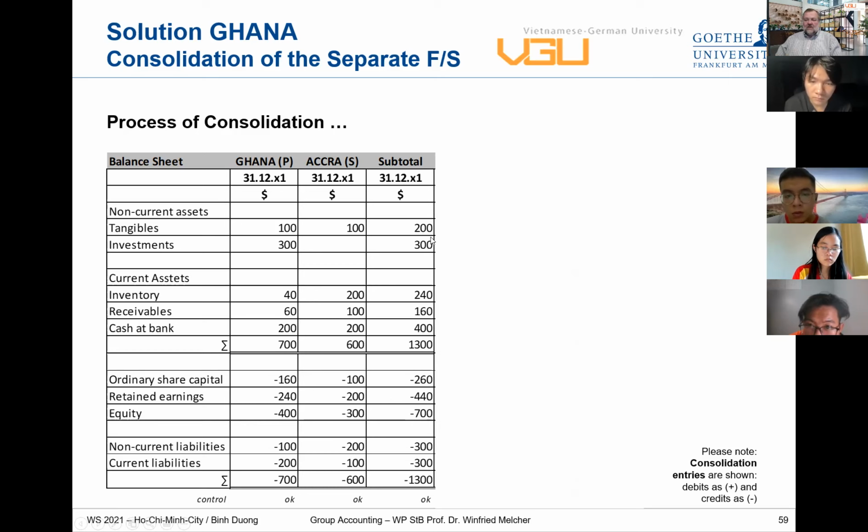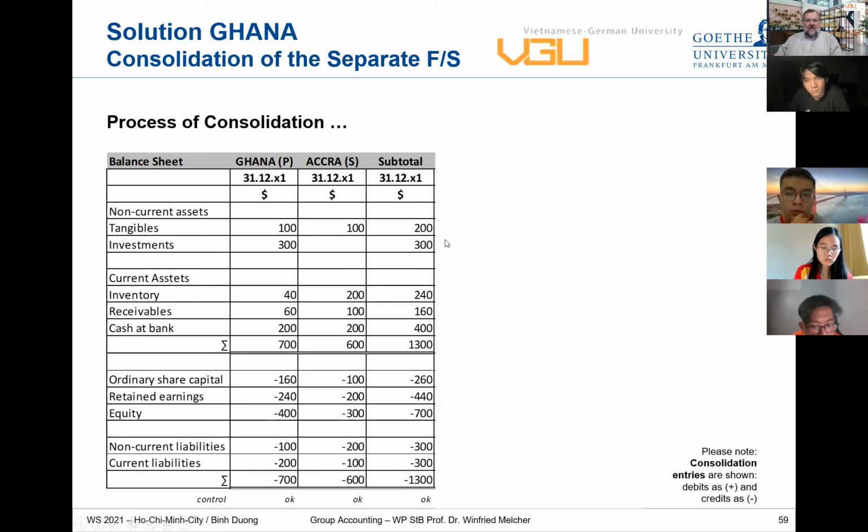So what you will show here is an investment, which is not okay, because the group does not have an investment. The group consists of all the assets and liabilities from this acquisition. So the investment should not be shown. So this 300 has to be eliminated.